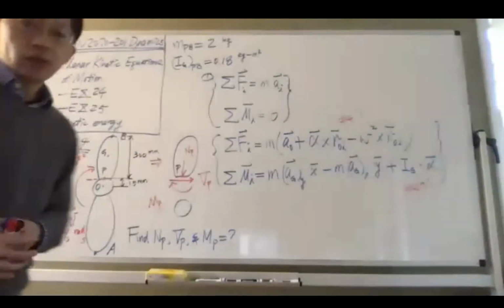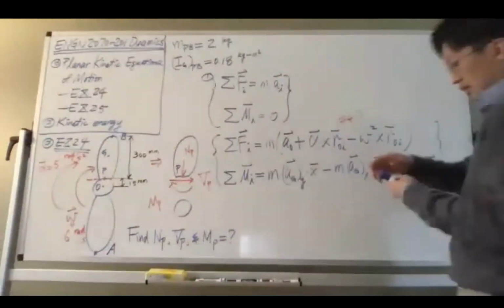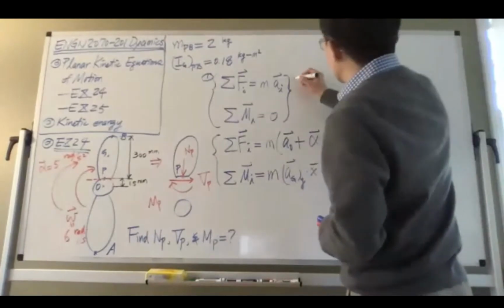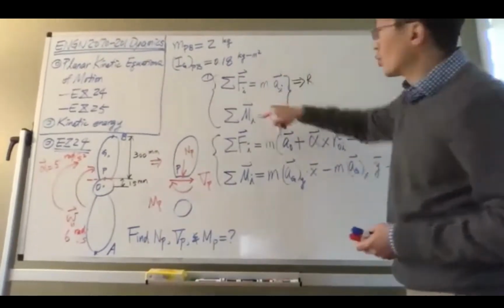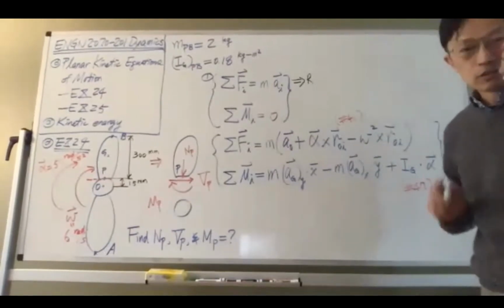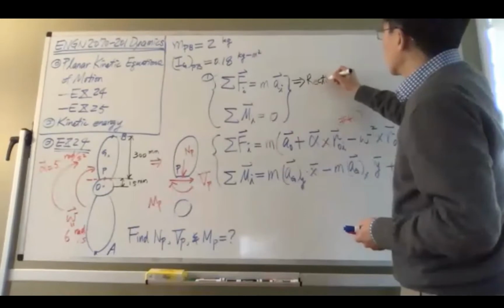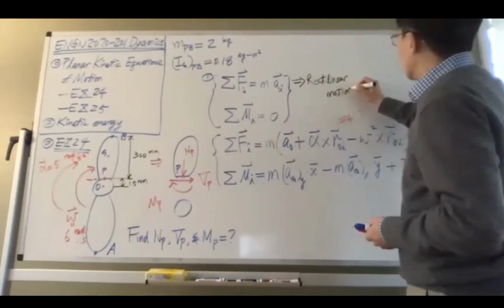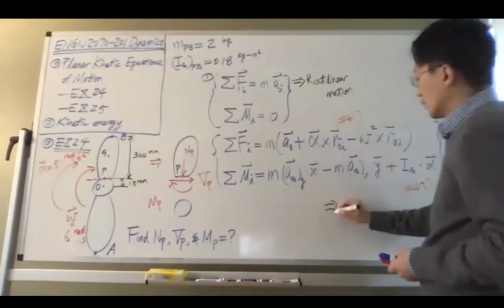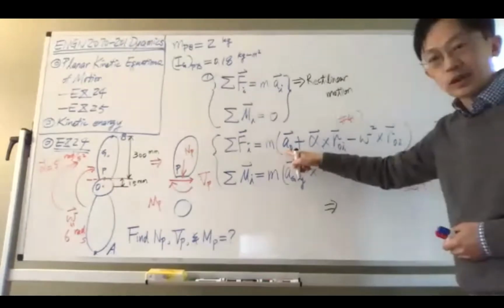This is what you need to recognize, the difference between rectilinear motion. So these two are the governing equations for force and also for moment in rectilinear motion. And this part is what? This part is when you have this one here, that means rectilinear motion.